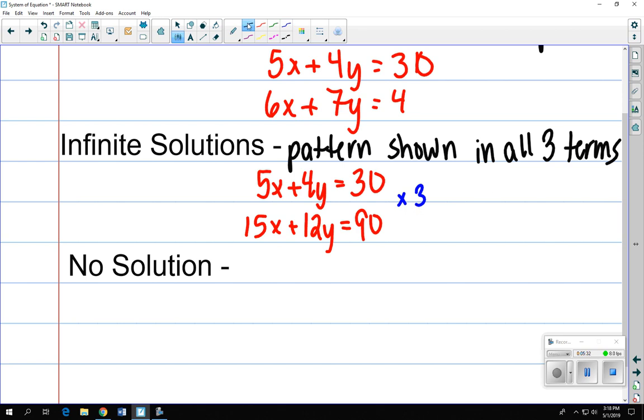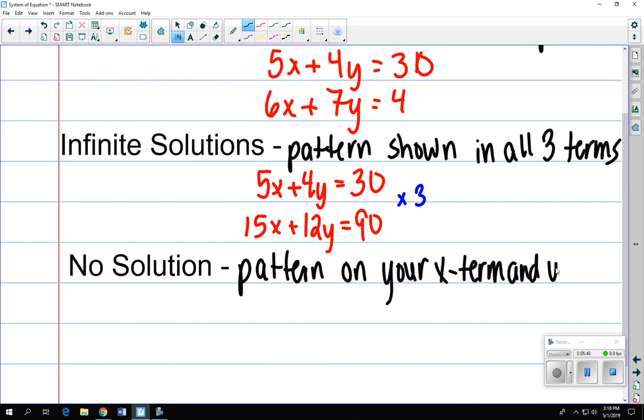And last but not least, the no solution. There will be a pattern on your x term and y term. This means the constant at the end of the equation will not have a pattern. So for example, I'm going to use my equation 5x plus 4y is equal to 30.